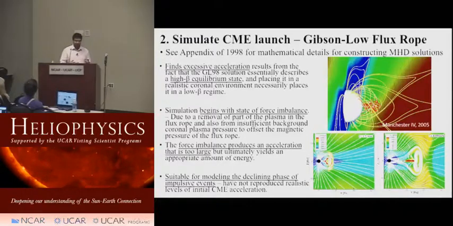And for these reasons of acceleration, this model was shown to be suitable for modeling the declining phase of an impulsive event. So they're not trying to do the initiation problem, but once you look at observations and say it's already initiated, and the CME is now beginning to propagate into the heliosphere, this model and the simulation is somewhat appropriate.